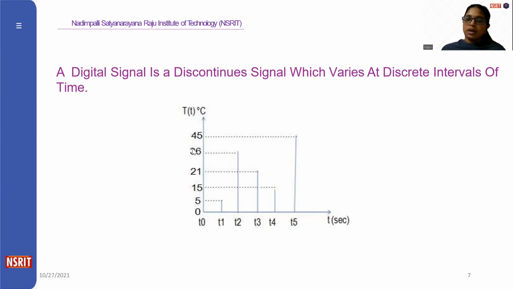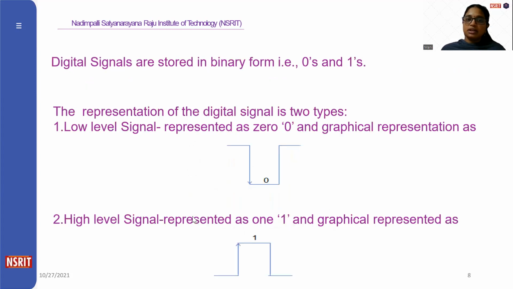At T2 it has a magnitude of 36. At T3 it has a magnitude of 21. At T5 it has a magnitude of 45. Between T0 and T1 we won't get any signal. Between T1 and T2 we won't get any signal. So here there is a discontinuity. This is the difference between an analog signal and a digital signal.